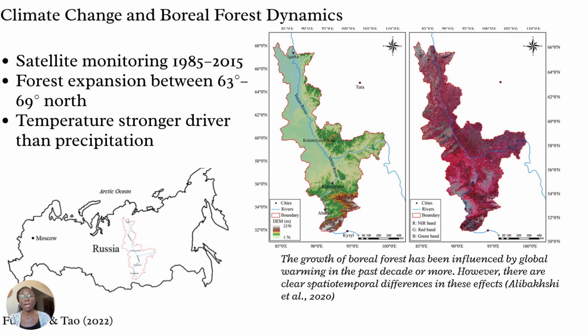And the reading from Futian and Tao 2022 studied the Siberian boreal forest using satellite data from 1985 to 2015. The study finds forests expanding at higher latitudes, mainly between 63 and 69 degrees north. Warmer temperatures allow forests to move northward.